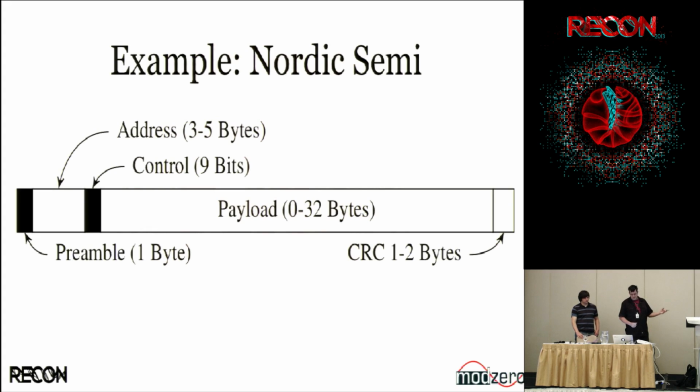But we have only one preamble, which is AA or 55, depending on the MAC address that follows. We are only interested in the MAC address. So the only thing we know about this packet is the preamble, which is AA or 55, and there are some bits in the 9-bit control header, which follows the variable length MAC address.